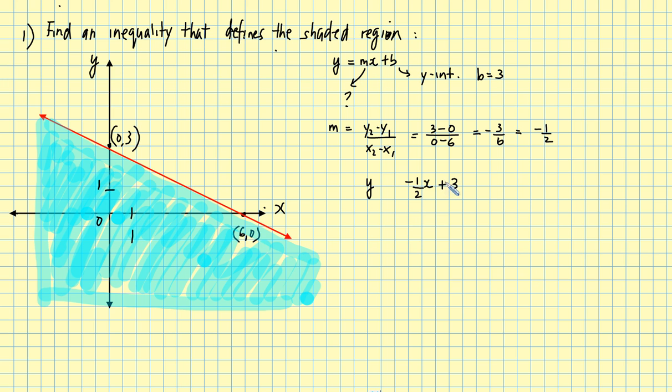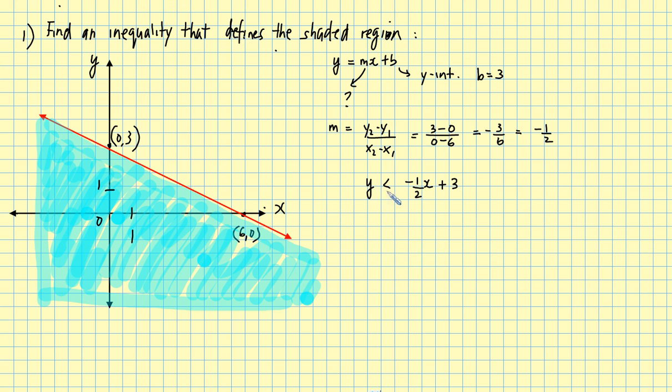Now, because the shaded area of our graph seems to be below the actual line, I'm going to say that y has to be less than negative 1/2 x plus 3. But the next thing I need to look at is whether the given line is a solid line or a dotted line.